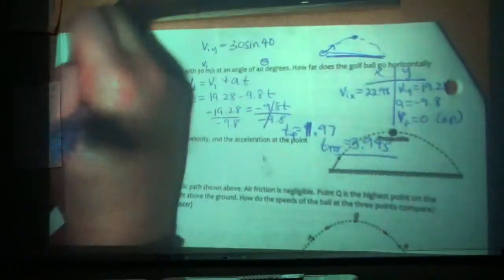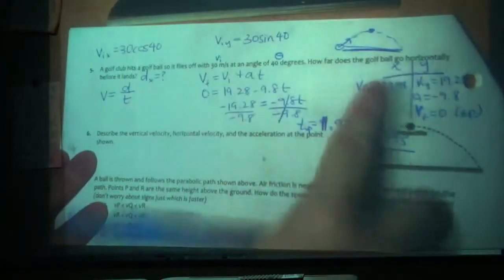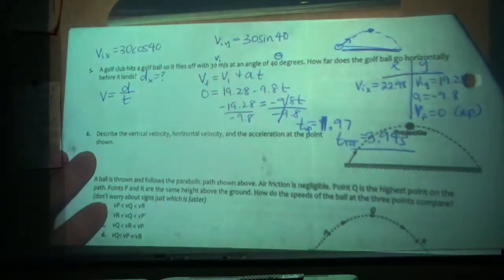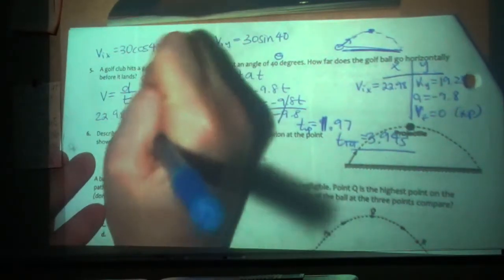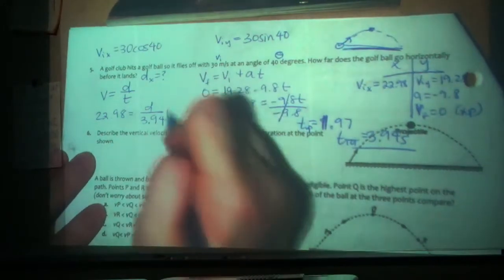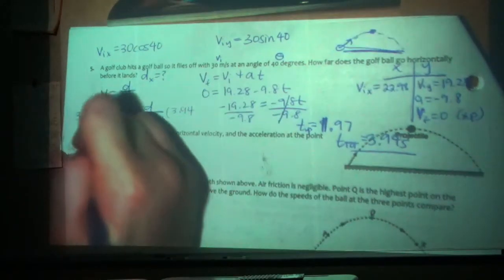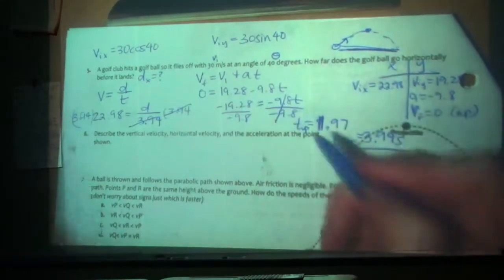X velocity we have, and the x equation is going to be v equals d over t because x is constant, there is no acceleration. So plug in 22.98 equals distance over the total time in the air. To get distance by itself, you're going to multiply both sides by 3.94 to cross it off. And then multiply these and you get, for x distance, I got 90.44.